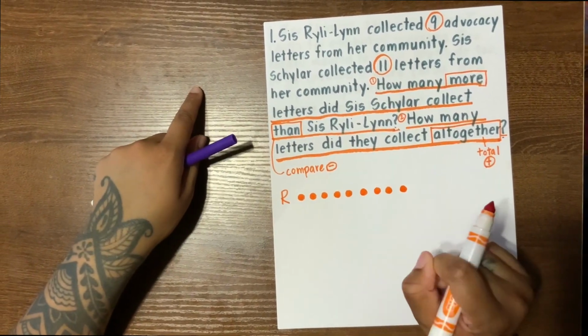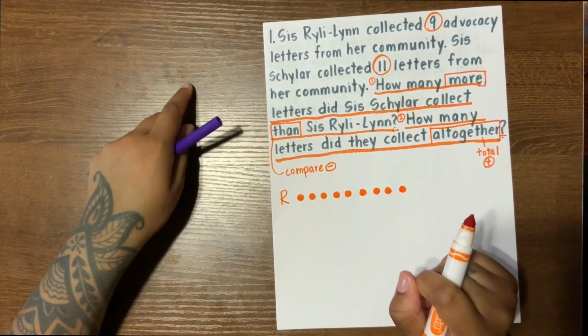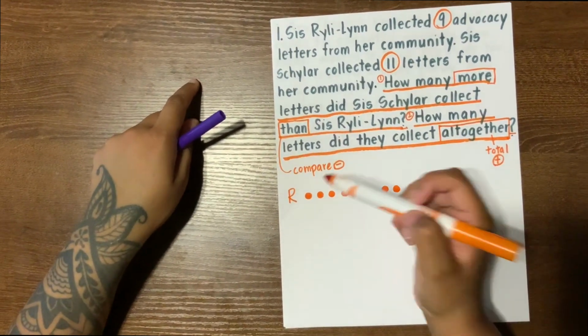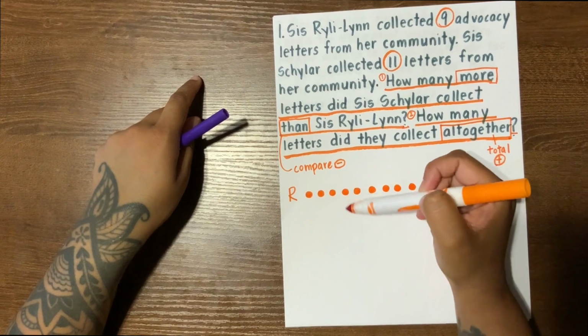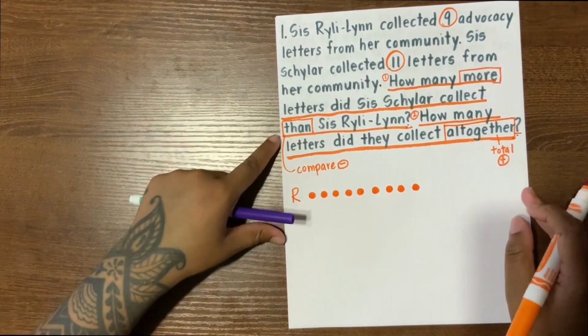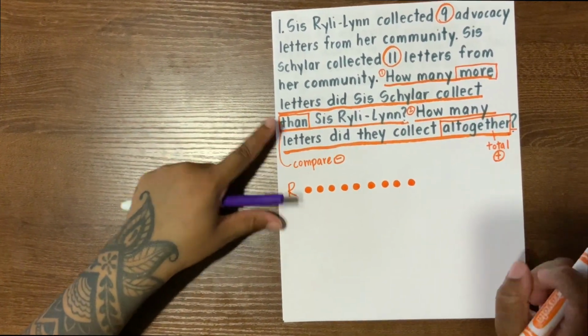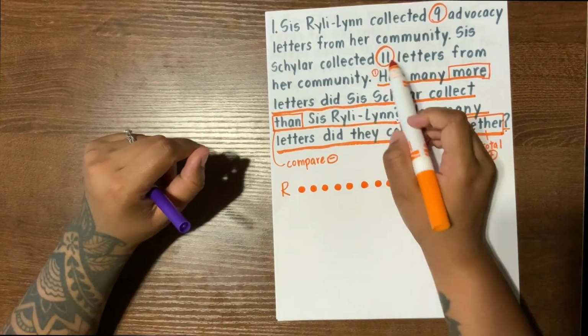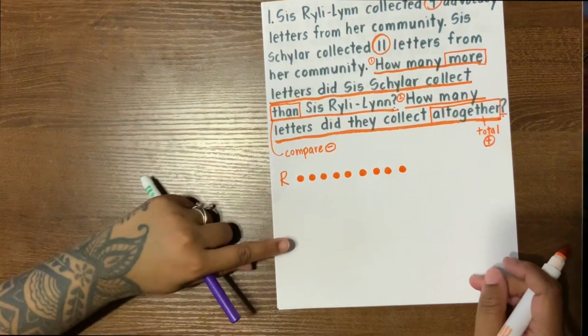All right, our next step is to draw Sister Skylar's. And remember, Congo Nation, when we compare, we want to make sure that we line up each of our shapes until we can no longer line them up. So how many letters did Sister Skylar collect? Very good. She collected 11. That's our second key number.